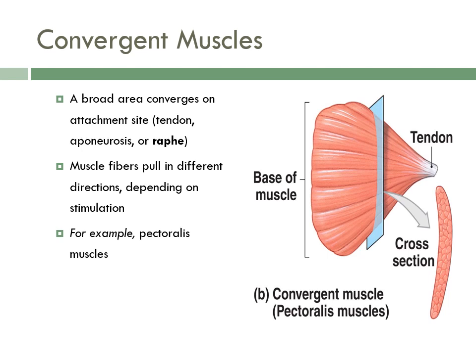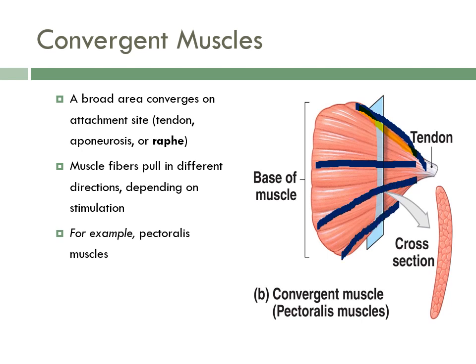Convergent muscles are a broad muscle that has multiple fascicles which are going to converge together onto the tendon. So here we can see that there's a fascicle here. Let me change that color. This one's coming down this way, this one's coming straight across, this one's coming up like that.